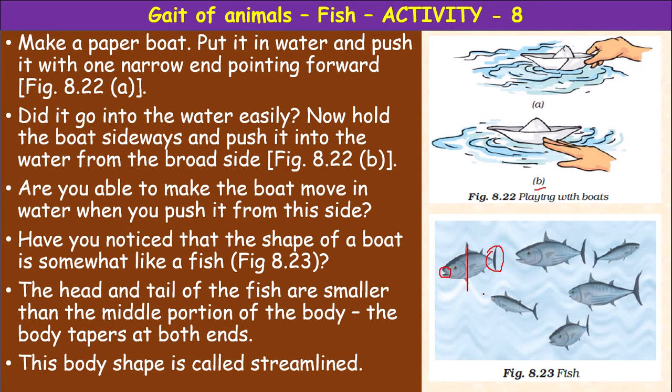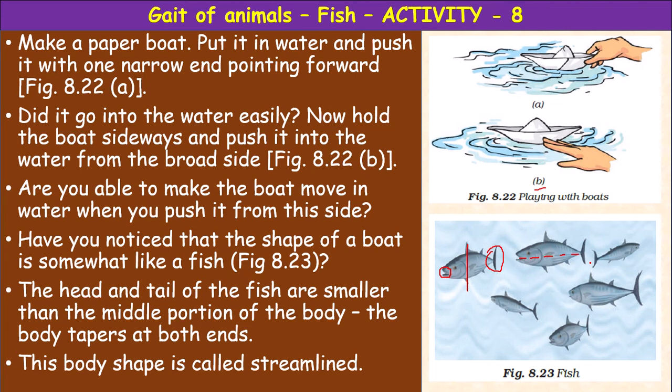This body shape is called streamlined. See the body shape, this is the streamline. This is useful for a fish to move against the water currents, against the flow of water.